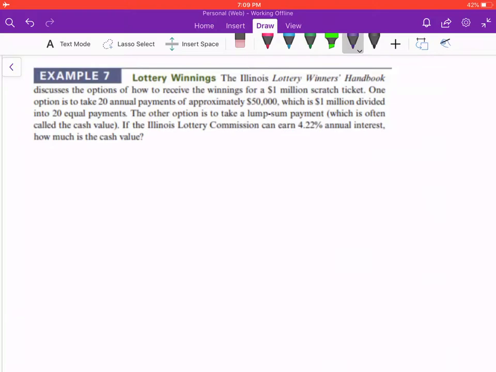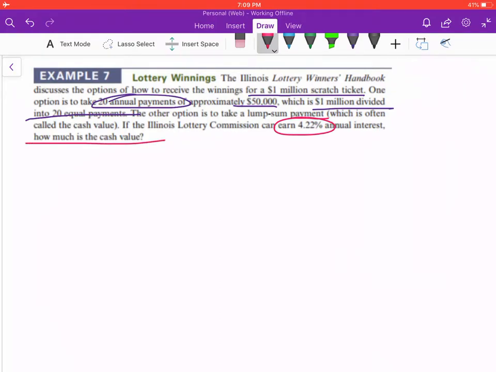They discuss the options of how to receive the winnings of a $1 million scratch ticket. One option is to take 20 annual payments, approximately 50,000, which is 1 million divided into 20 equal payments. The other option is to take a lump sum payment, which is often called the cash value. If the Illinois Lottery Commission can earn a 4.22% annual interest, how much is the cash value?